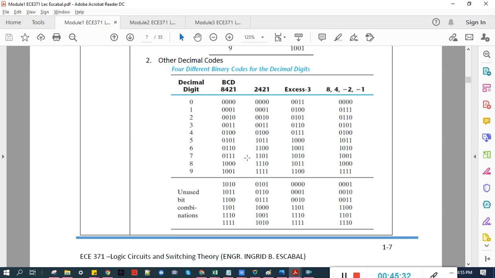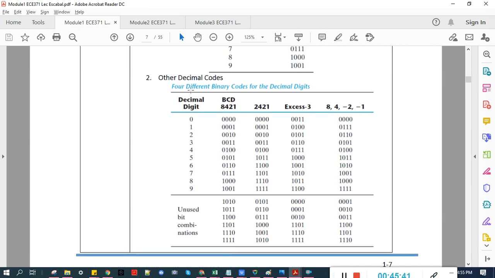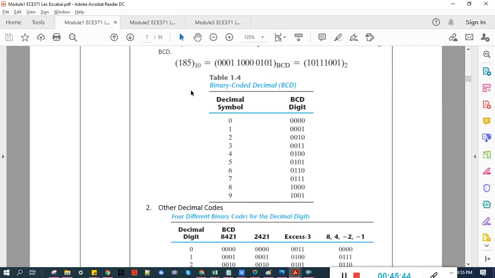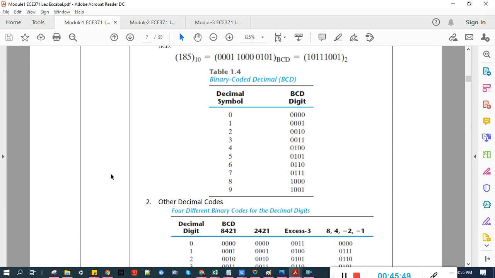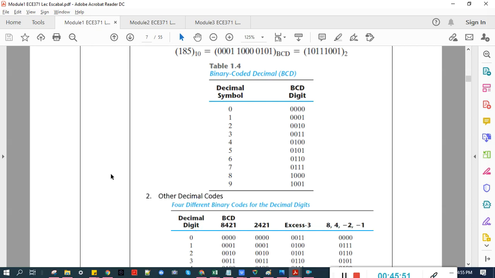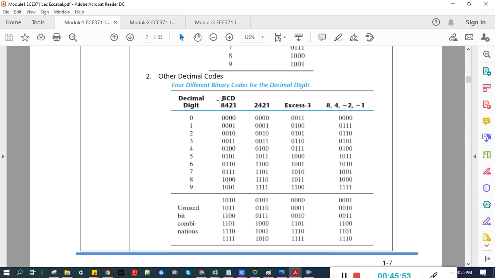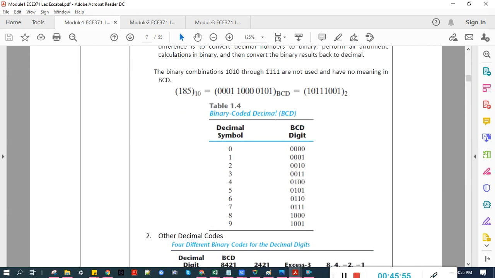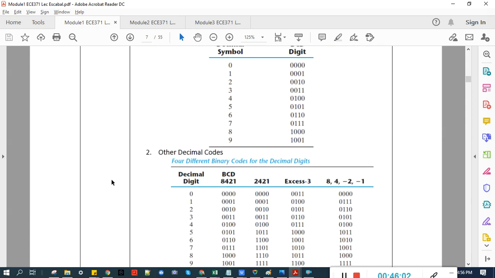It's the same as binary for each digit, but if we have more decimal digits like 185, the code will be different. So this BCD digit equivalence that we have represented in table 1.4 is the same as BCD 8421. That's the common one.